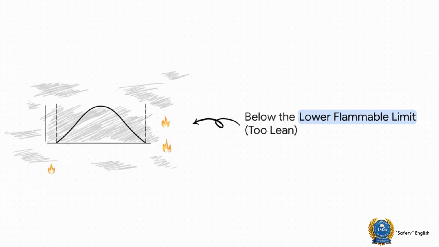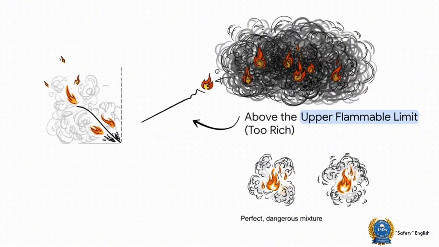Out on the floor, in popular industry jargon, we call this being too lean. It literally just means there isn't enough vapor mixed with the oxygen to catch fire or explode. Then, way over on the complete opposite side, we have the upper flammable limit, the UFL.